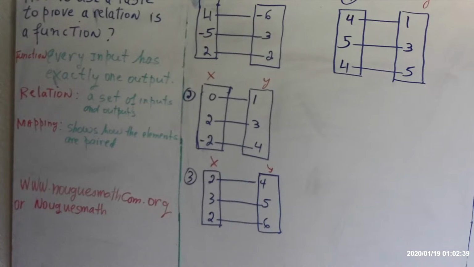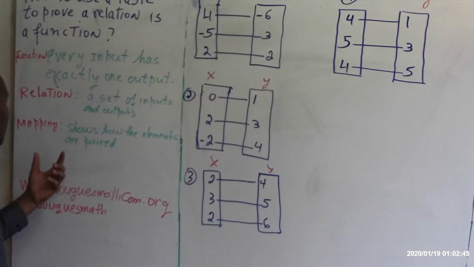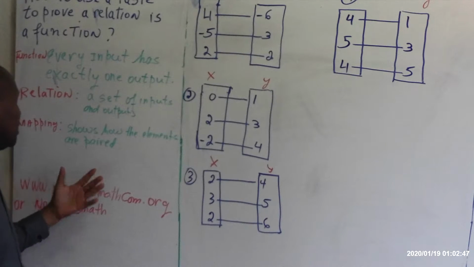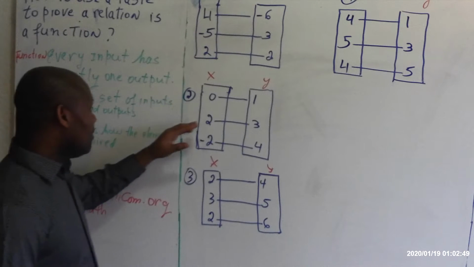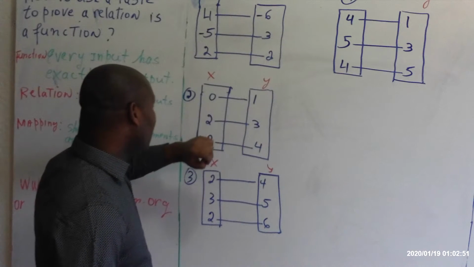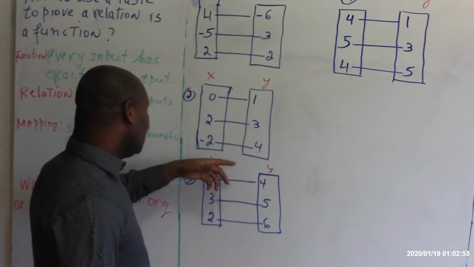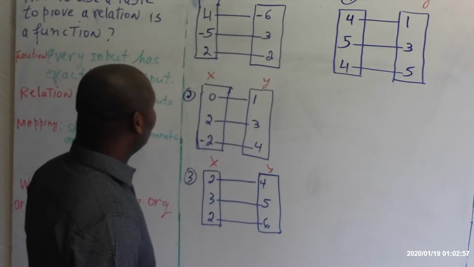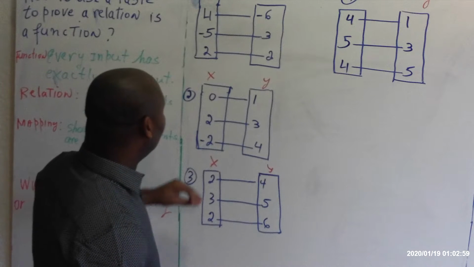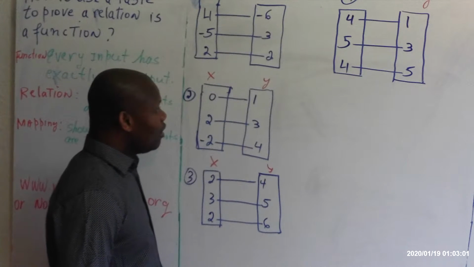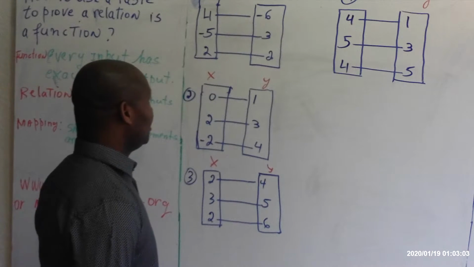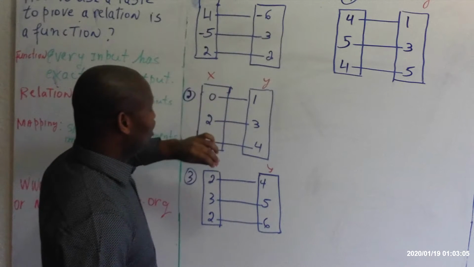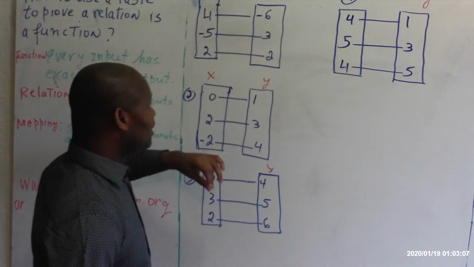Let's see the third definition. Mapping shows how the elements are paired. For example, you see the mapping 0 maps to 1 and 2 maps to 3 and negative 2 maps to 4, etc. So we're going to prove whether these relations are functions.